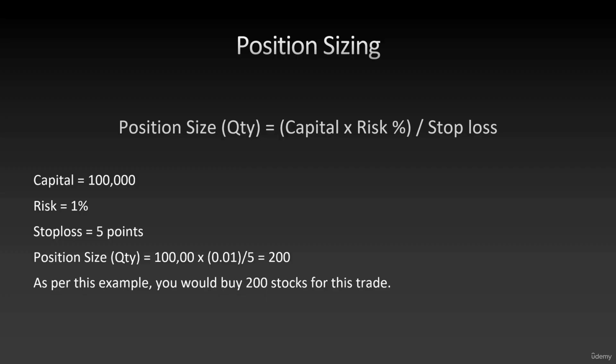So in this particular case, you should buy 200 stocks, and if the SL hits, in the worst case, you will not lose more than 1% of your capital, which is 1,000 in this case, right? Similarly, depending on the setup and your capital, you can always calculate this amount and determine the right position size for a particular trade.